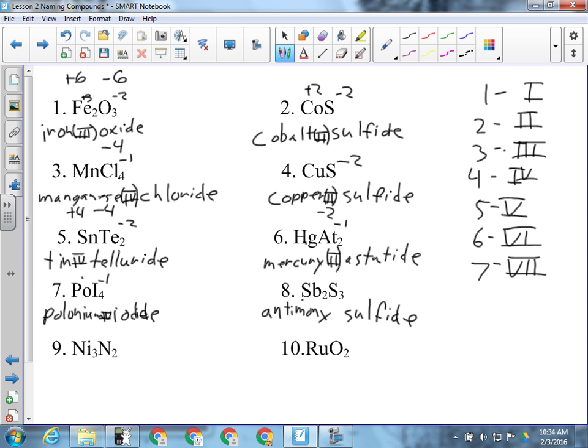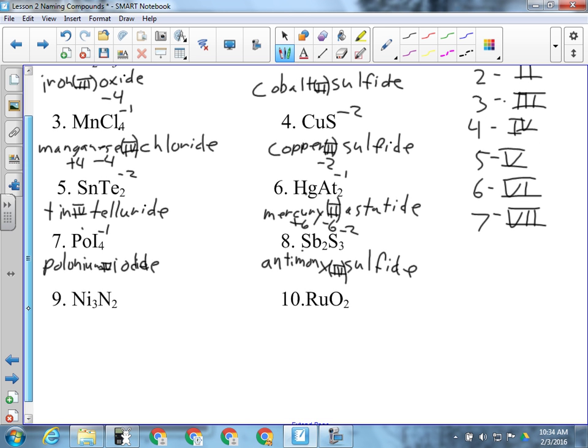Sulfur is always a -2, which gives me how many negative charges? 6. So I've got 6 negative charges, which means I need to get 6 positive charges from the 2 antimonies I have here. So each antimony has to have a charge of +3. 6 divided by 2 is 3. So this is antimony 3 sulfide. For number 9, I've got nickel with nitrogen.